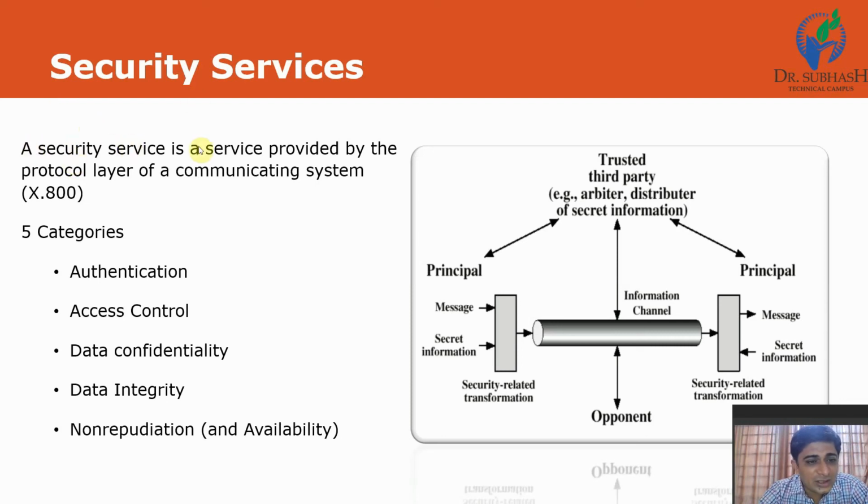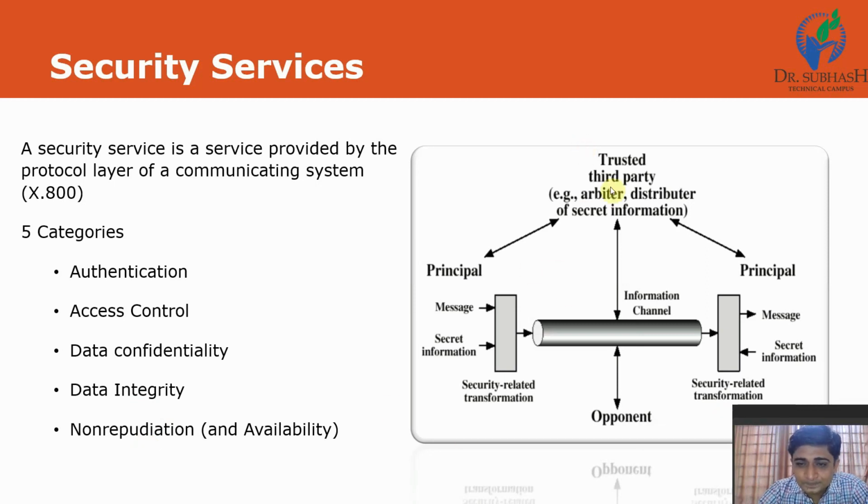A security service is a service provided by a protocol layer of a communicating system, that is X.800. There are 5 categories of security: authentication, access control, data confidentiality, data integrity, and non-repudiation.